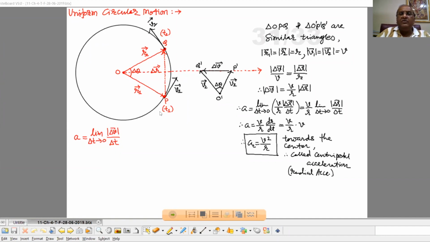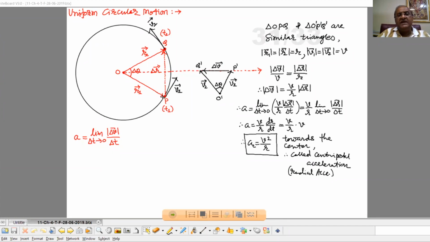Now at a particular instant t1, the position of the particle on the circumference of the circle is at P. If we prepare the vector OP, we can say that is the vector R1, and here we consider the origin of the Cartesian coordinate system at the center of the circle.